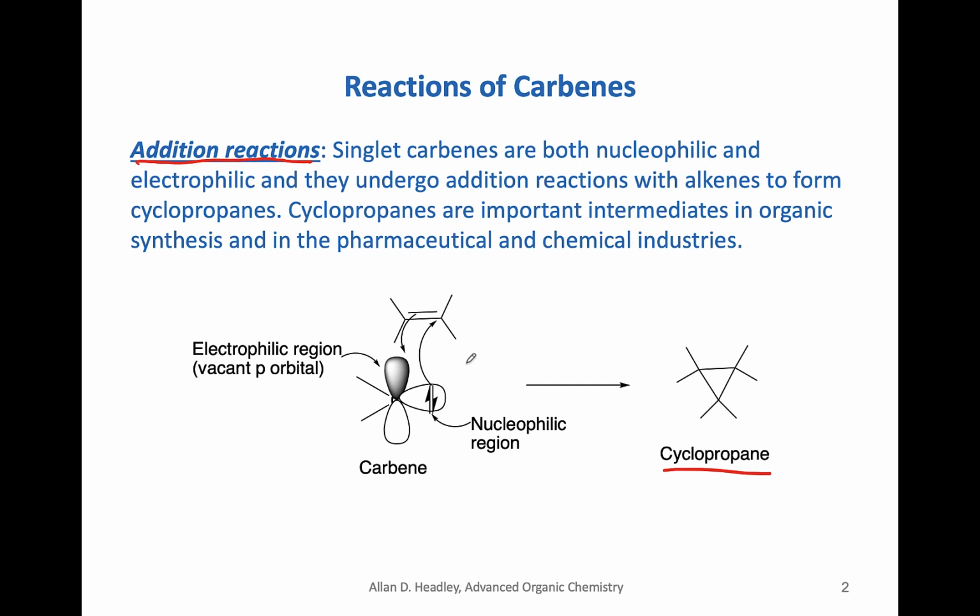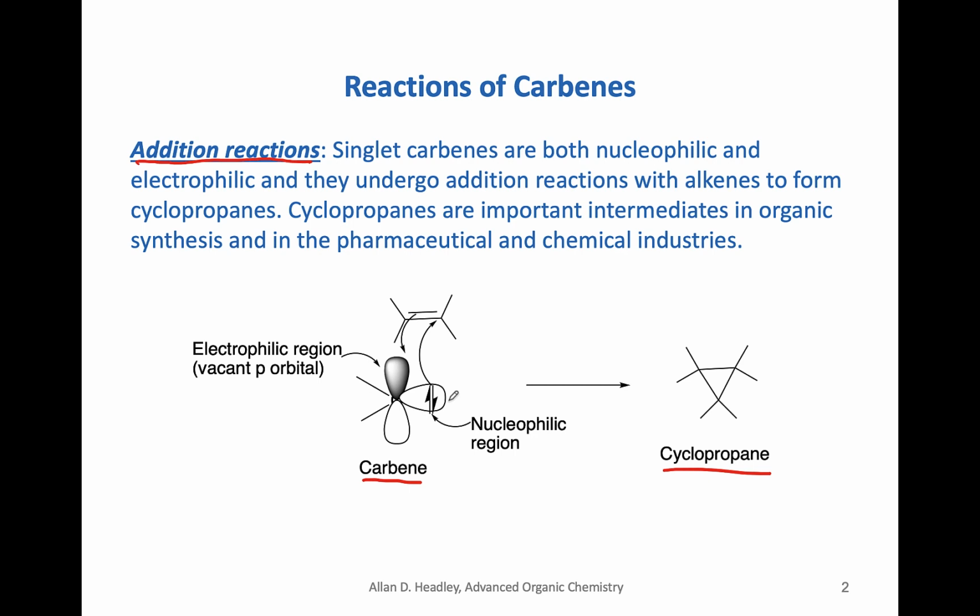But let's look at it in terms of a specific reaction and what should occur. The carbene can be described as a nucleophile. Remember, a nucleophile is a nucleus-loving species, or a species that has an unshared pair of electrons.